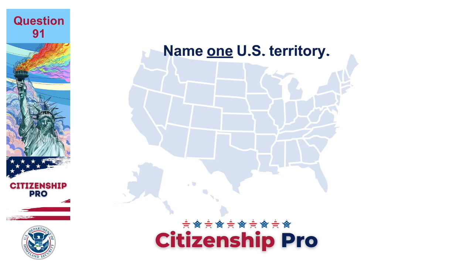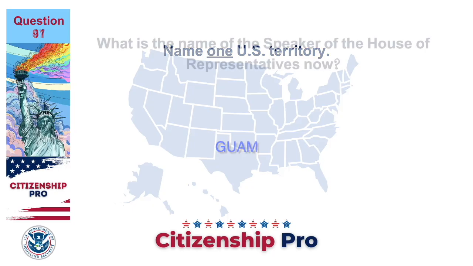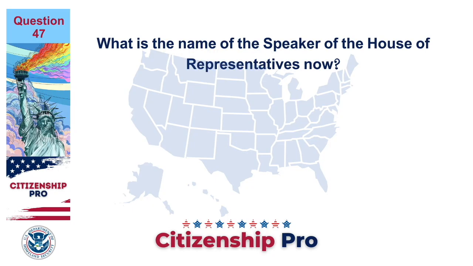Name one U.S. territory. Guam. What is the name of the Speaker of the House of Representatives now? Mike Johnson.